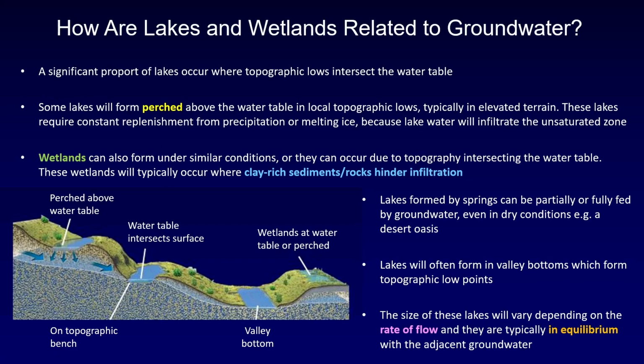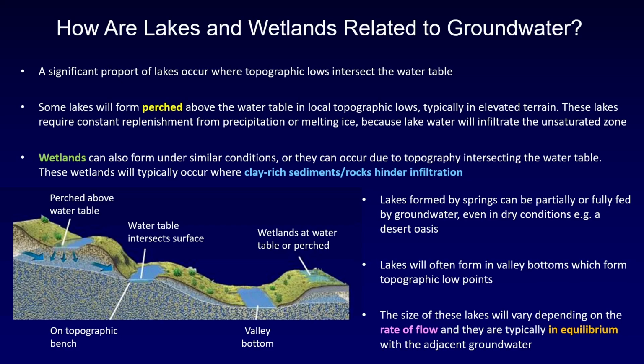So there must be an aquifer which is pushing water out to produce the oasis. Now, in terms of lakes, as previously mentioned, lakes will form in valley bottoms and topographic lows. So the size of the lake that forms will vary depending on the rate of flow, and this can be the rate of flow of groundwater or the rate of flow of surface water. The more water that comes in, the bigger your lake is going to be. Lakes are typically in equilibrium with the adjacent groundwater.